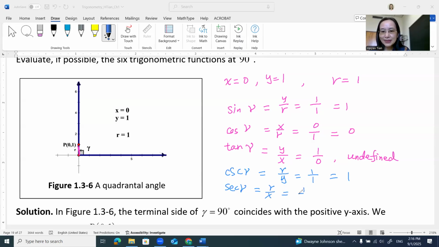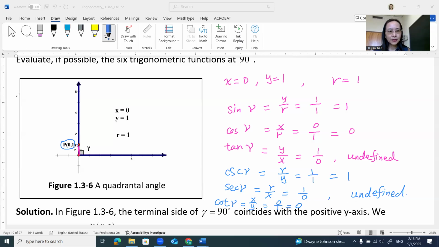R is 1, x is 0, because this point is on the y-axis. So x coordinate is 0, undefined again. So the secant is undefined. Last one is cotangent gamma. Cotangent is x over y. X is 0, y is 1, so cotangent is 0.